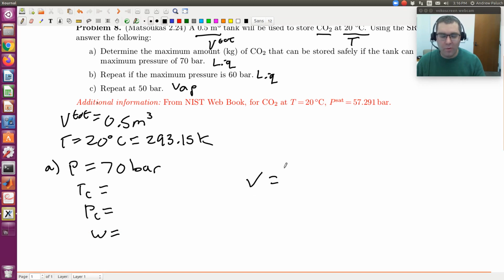Okay, so if I get more than one real root, I have to choose the appropriate one. So I'll choose the smallest in this case.